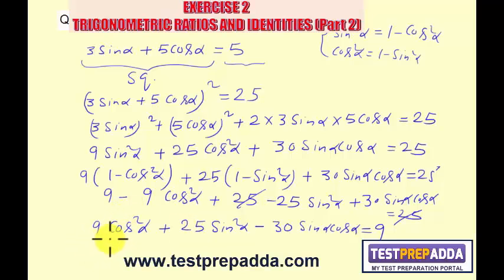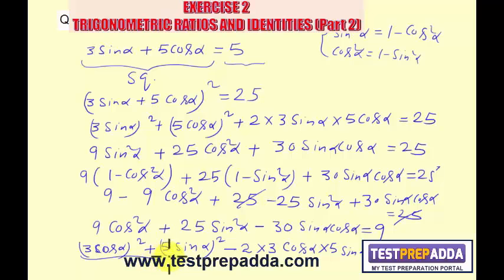Now, this 9 cos square alpha can be written as 3 cos alpha whole square, plus 5 sin alpha whole square. You can see a square plus b square minus 2ab, if I divide 30 into 2 into 3 cos alpha into 5 sin alpha, equal to 9.